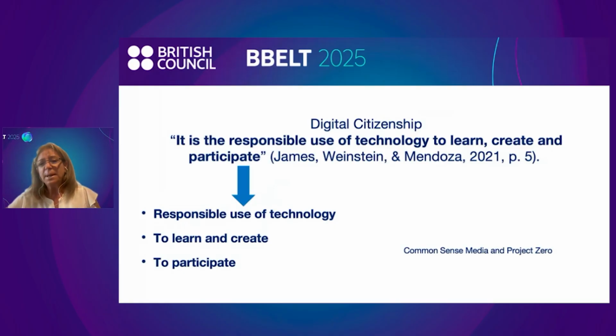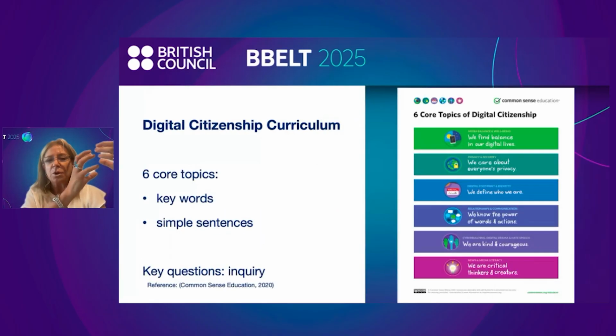So they team up and came up with a report that shared the results of their research projects. And they also offer a digital citizenship curriculum that was very simple and helpful to approach the topic. This curriculum has six core topics.